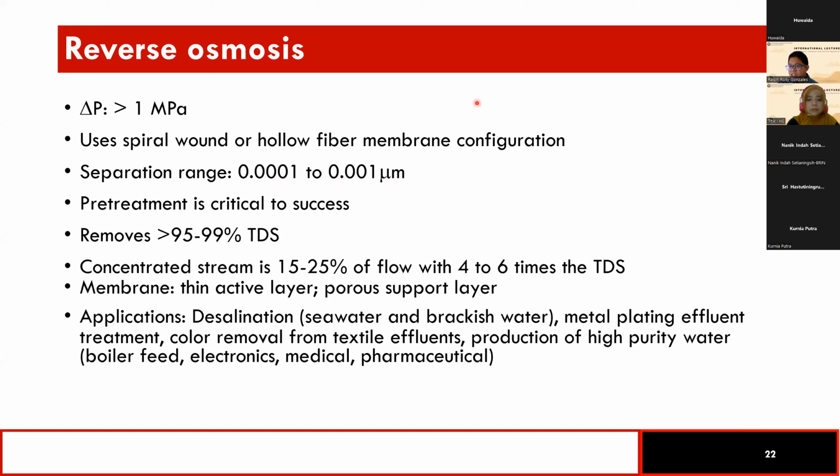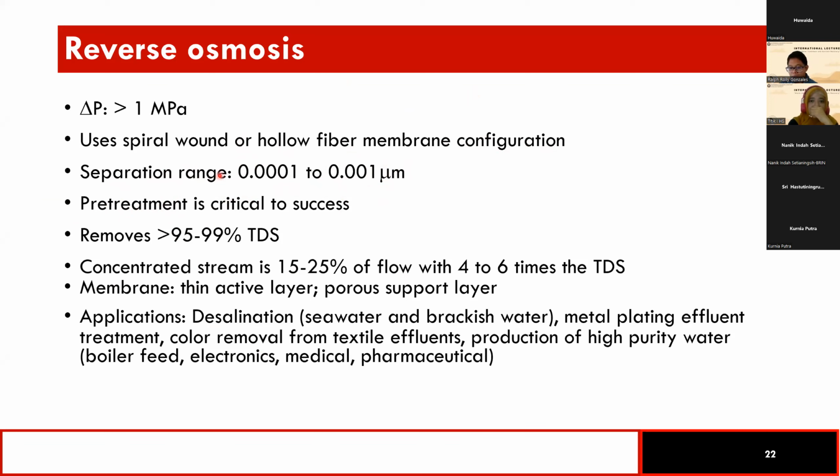However, because of the small size of the membrane pores, larger size particles can easily deposit on top of the membrane surface. That is why pretreatment is necessary for this to be successful.